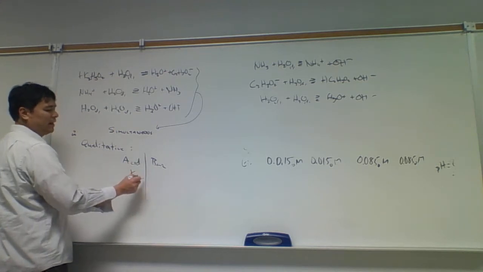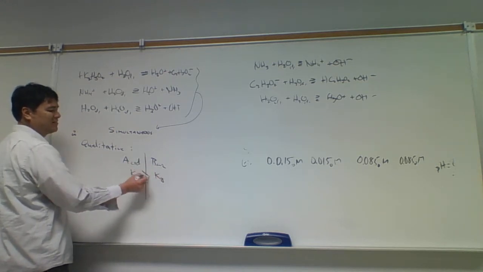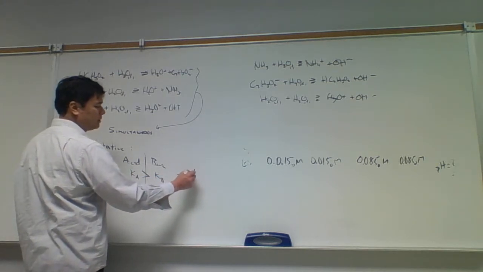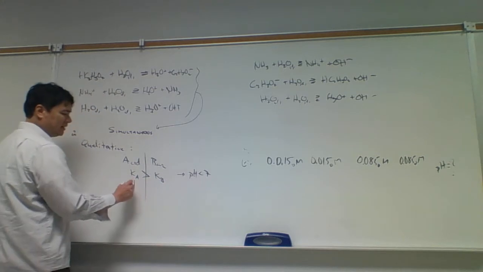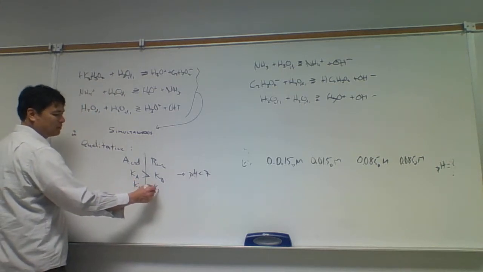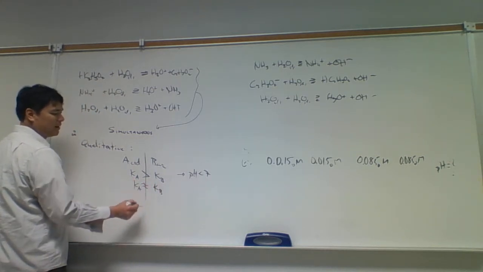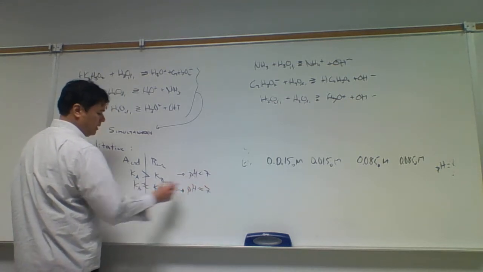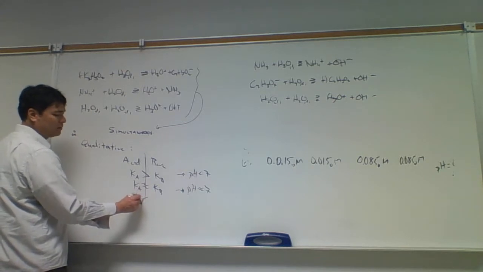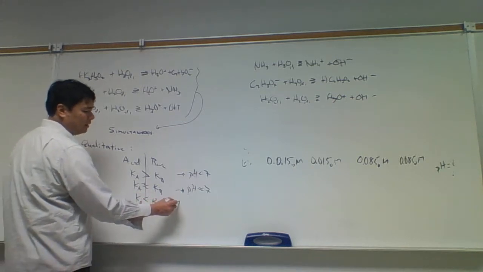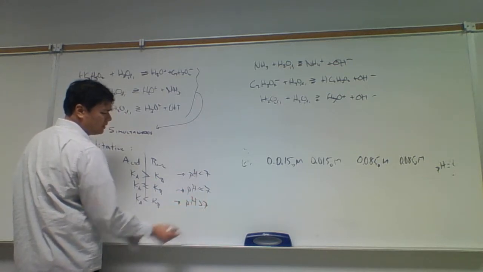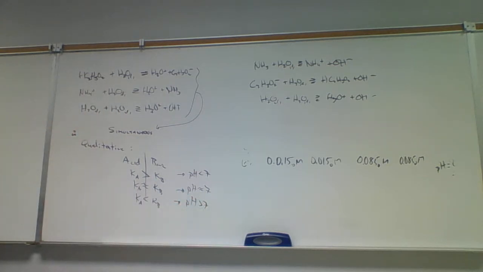If the Ka for the acid is greater than the Kb for the base, then the pH is less than 7. If the Ka of the acid is approximately equal to the Kb of the base, then the pH is approximately 7. And if the Ka is smaller than the Kb, then more hydroxide is produced and the pH should be greater than 7. But figuring out exactly what that pH is is a challenging problem.